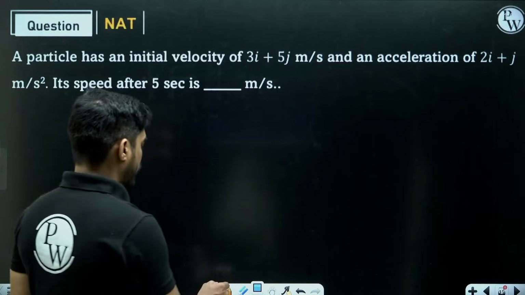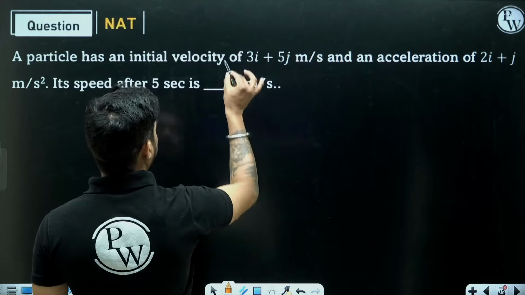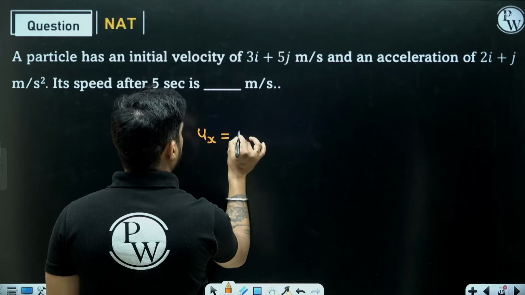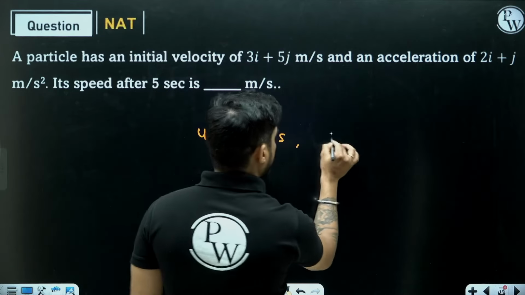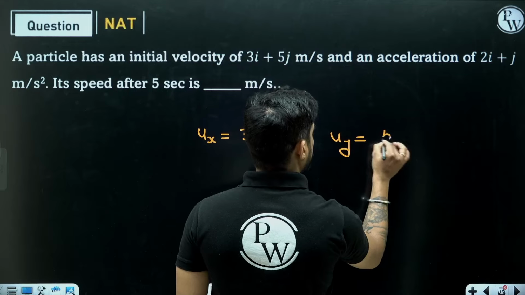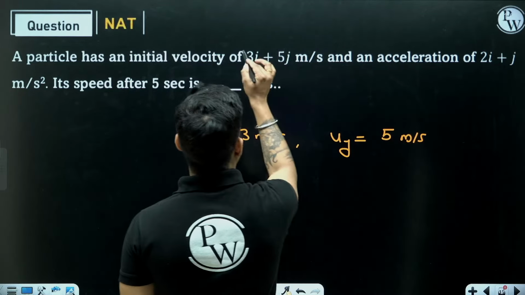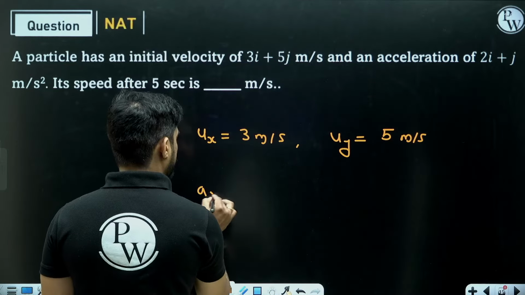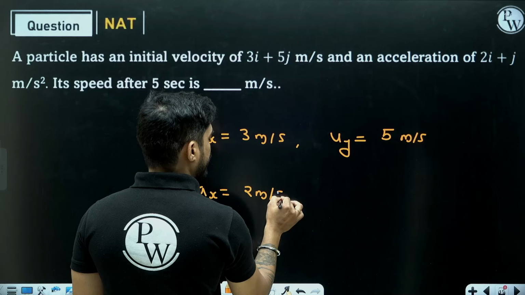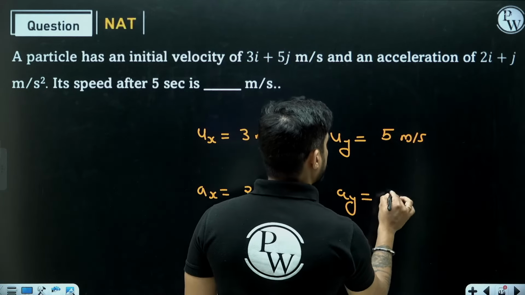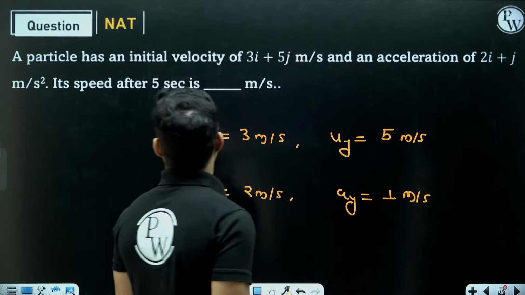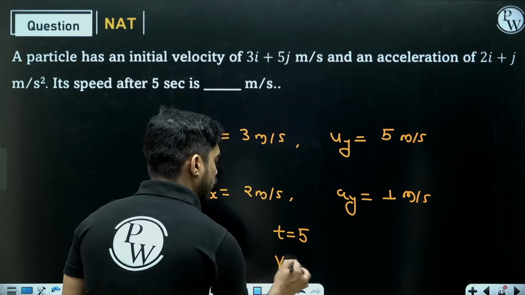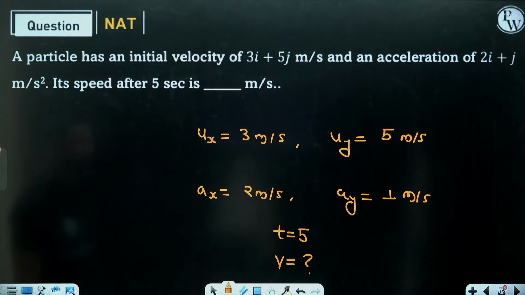So here what they have given you is the initial velocity. Initial velocity in x is 3 meter per second. Initial velocity in y is 5 meter per second, right? This is the x component, this is the y component. Now acceleration in x is 2 meter per second square and acceleration in y is 1 meter per second square, and at t equals 5 seconds they want us to calculate the final velocity.